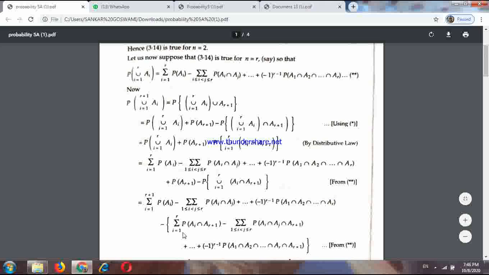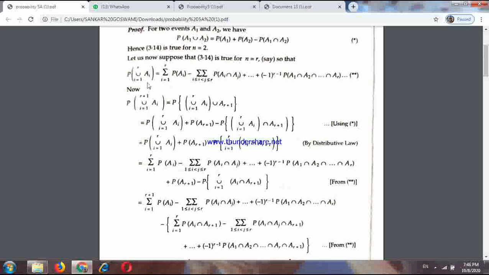I can write summation i from 1 to r of P of this, minus double summation, plus, and so on, up to (-1)^(r-1). I have applied this because I already assumed that the theorem holds for n equals r. That means union i from 1 to r of A_i intersection A_(r+1) equals, I can write this way.